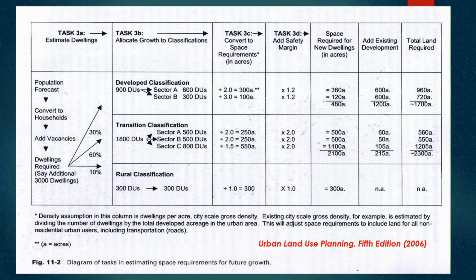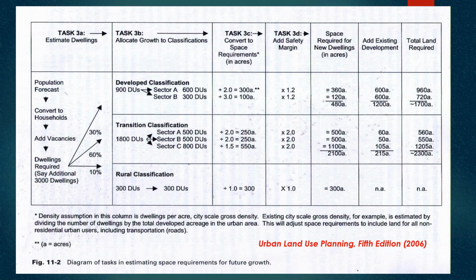This is one way to calculate your land use area needs. You start off by determining the dwellings needed to accommodate the projected growth. You're averaging your household size and considering your vacancies and what are the dwellings that are needed. Then you want to allocate to your residential land use districts based on the permitted densities. This could be your rural area or your medium density, high density.